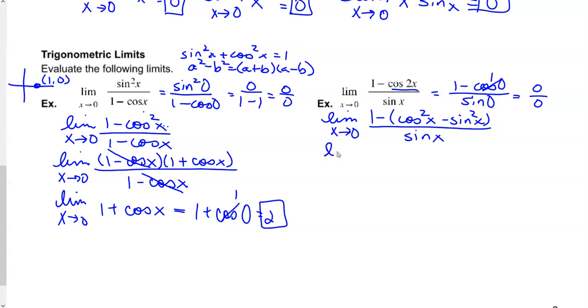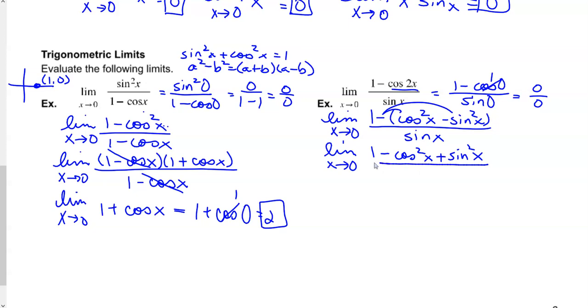So let's distribute that negative first. So I end up getting 1 minus cosine squared of x here and here when I distribute that negative through. Then we're going to get a plus sine squared of x all over sine of x.